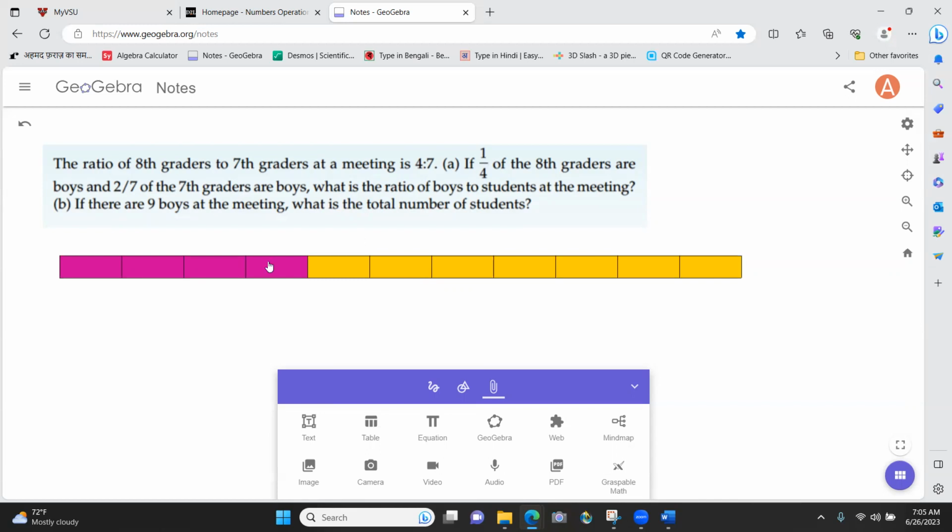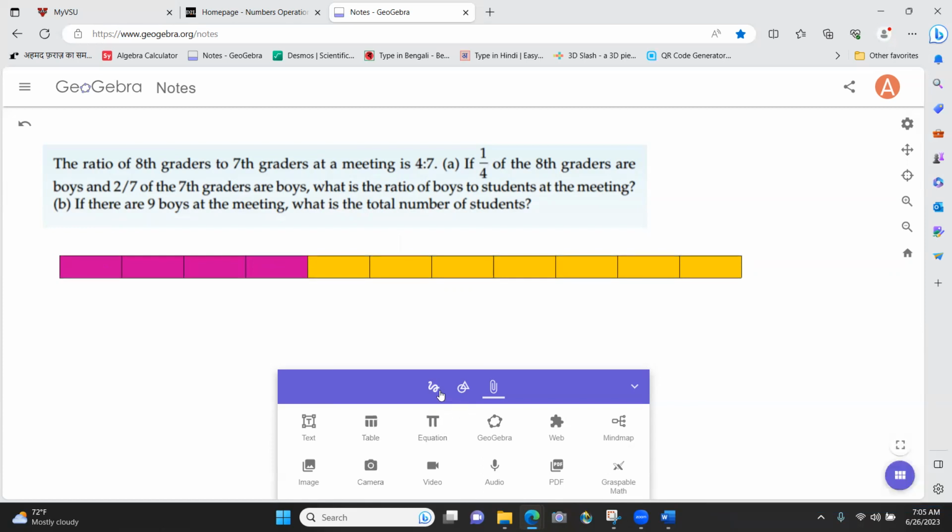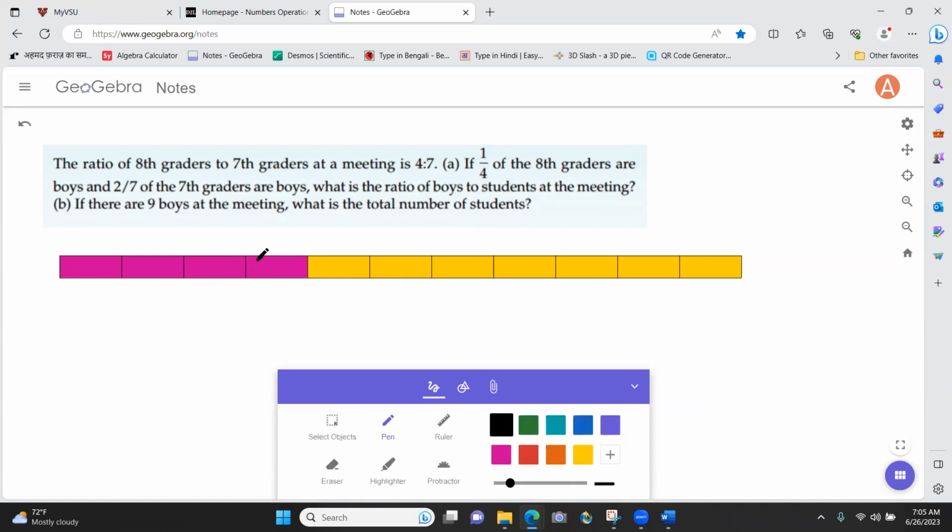So 1/4 of the eighth graders are boys. 2/7, this is already cut into 7 parts. 2/7 of the seventh graders are boys.